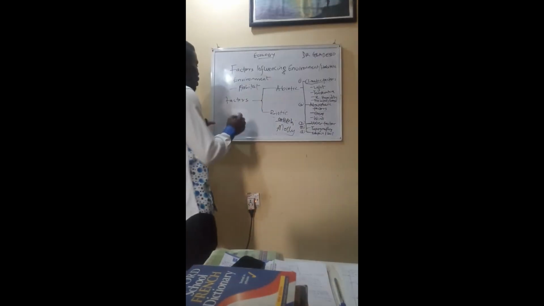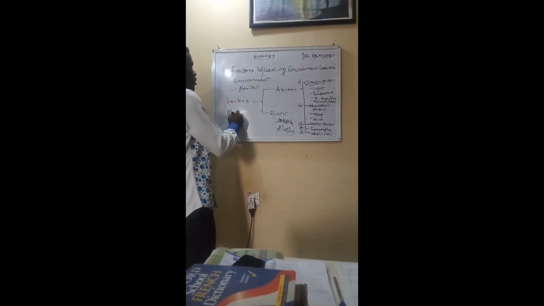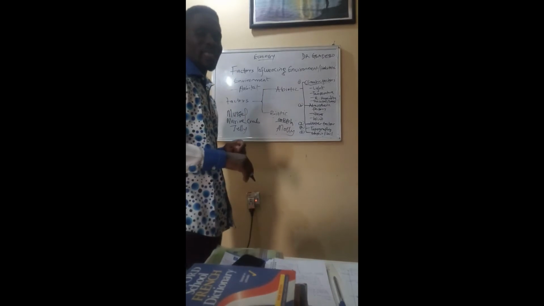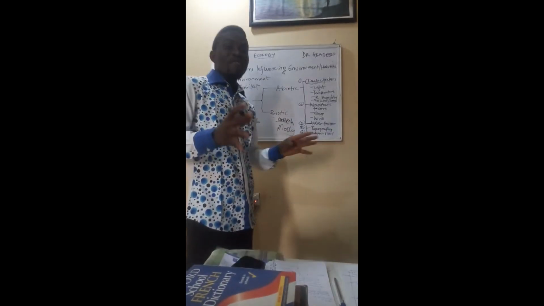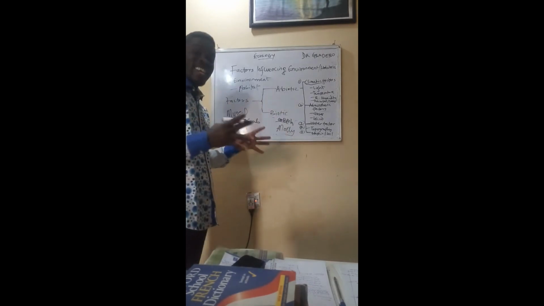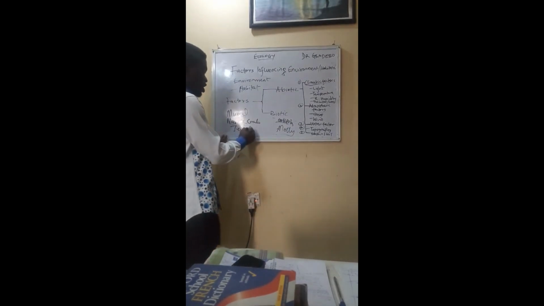In the marine environment, we have so many examples like the mussel, the marine crab, the jellyfish, a lot of marine invertebrates. A lot of marine invertebrates are actually osmoconformers.